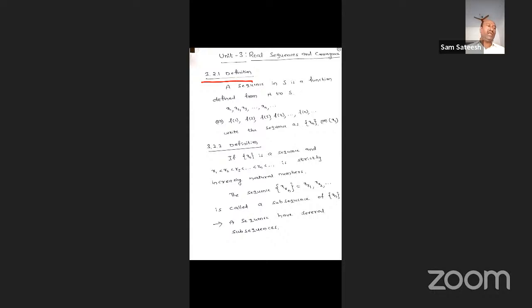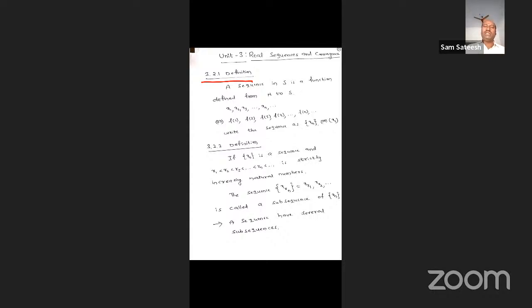Here we are writing in order: first the lowest number, next the higher number, and so on. We write in increasing order or decreasing order. Any order we can maintain is called a sequence.